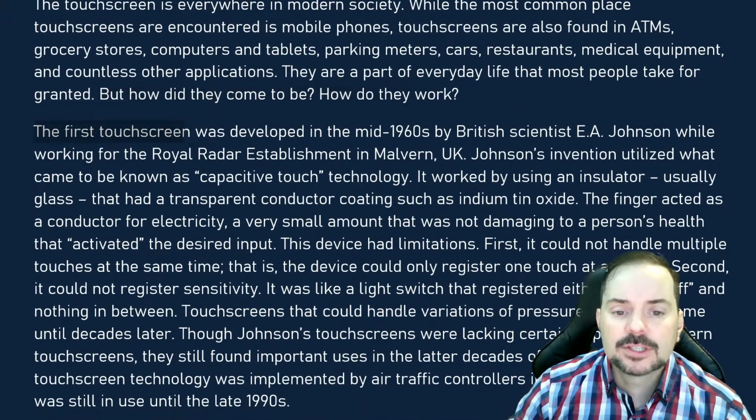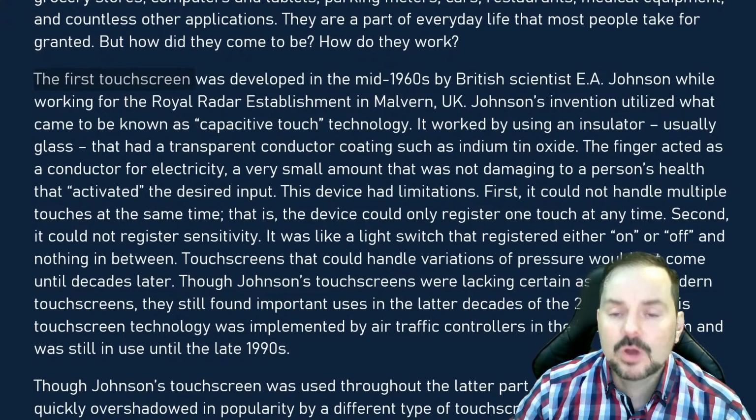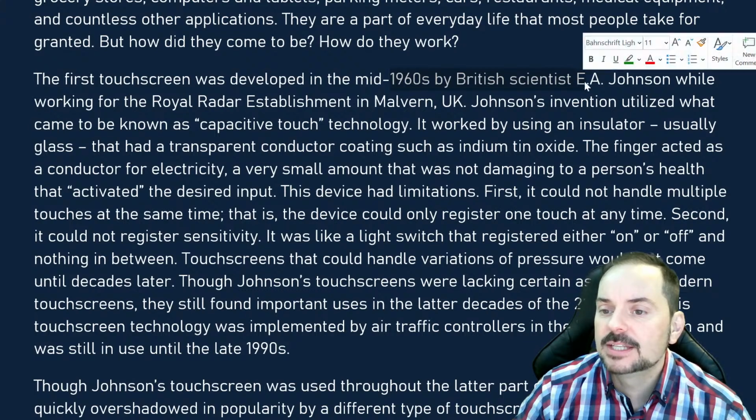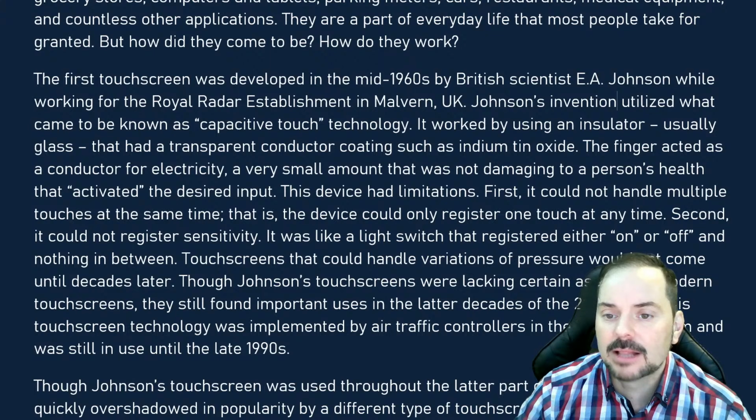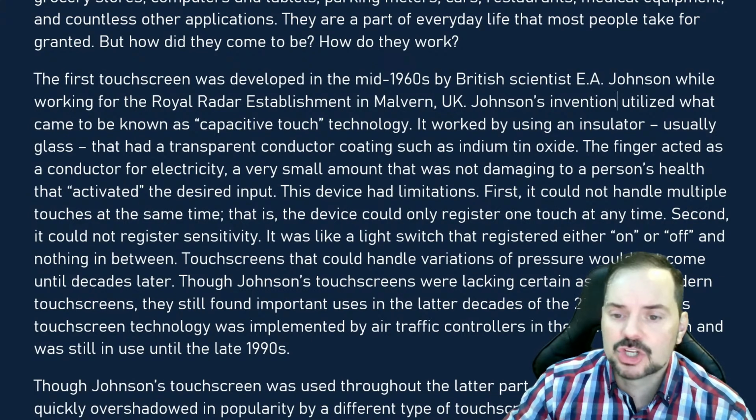The first touchscreen was developed in the mid-1960s by British scientist E.A. Johnson while working for the Royal Radar Establishment in Malvern, UK. Johnson's invention utilized what came to be known as capacitive touch technology.